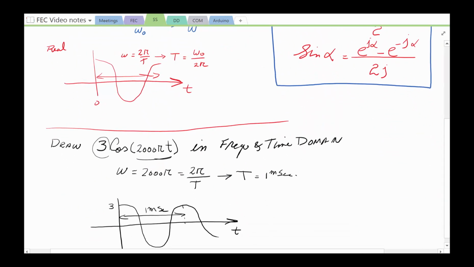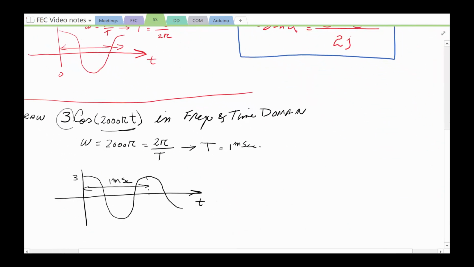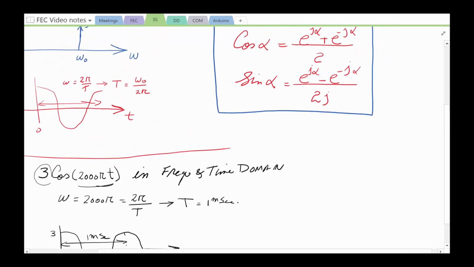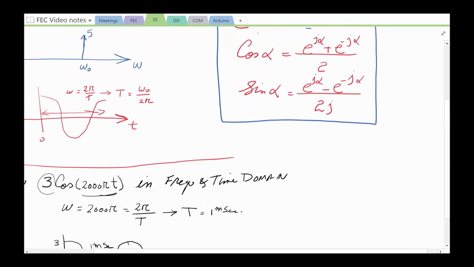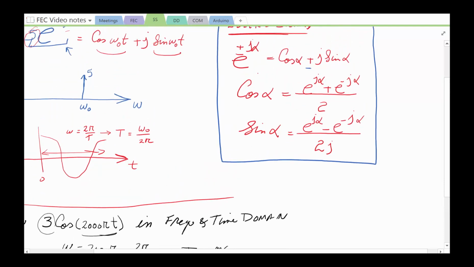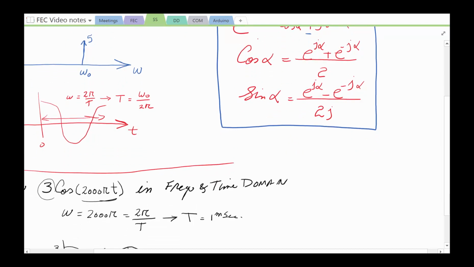Later on we'll learn about a concept called Fourier series, but for now, because this is such a simple signal, a cosine of something, we can just look over here and ask: is there any way for my cosine to turn into e to the j omega? And the answer is sure we can.